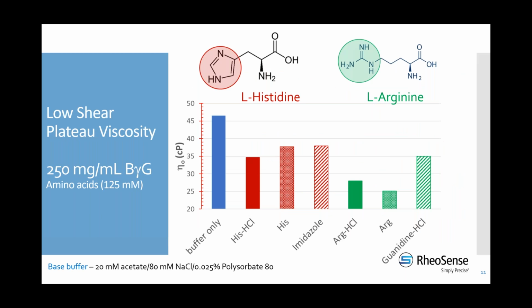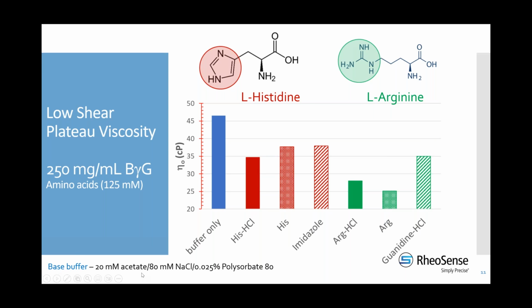So let's then shift into a different type of excipient that is common to proteins and antibodies, and these would be individual amino acids. Again, we're going to focus on the low shear plateau viscosity, and we're going to look at a concentrated bovine gamma globulin. In this instance, we're adding 6 different excipients, all at 125 millimolar, and we're going to compare that to the gamma globulin in our base buffer, which is detailed down here below.